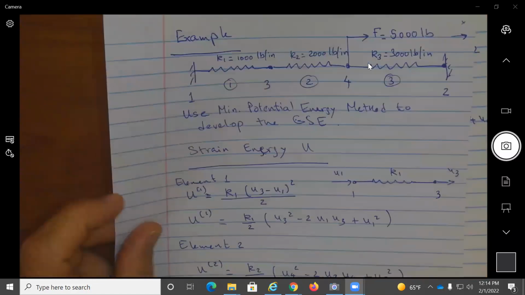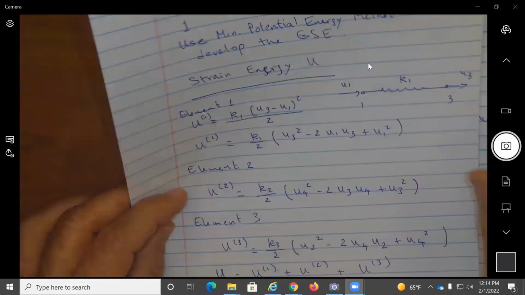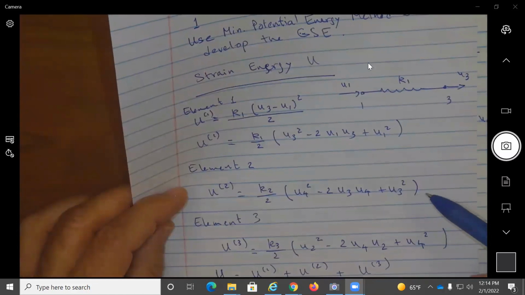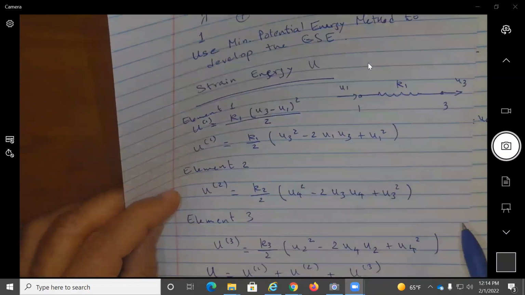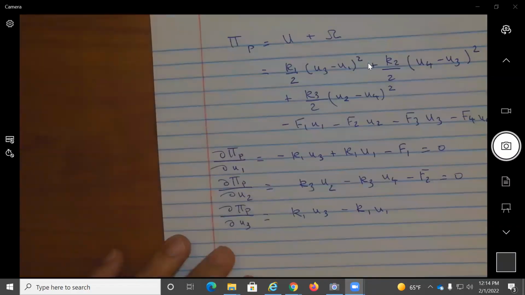When we do u3, we're getting u3 from element 1 and element 2.